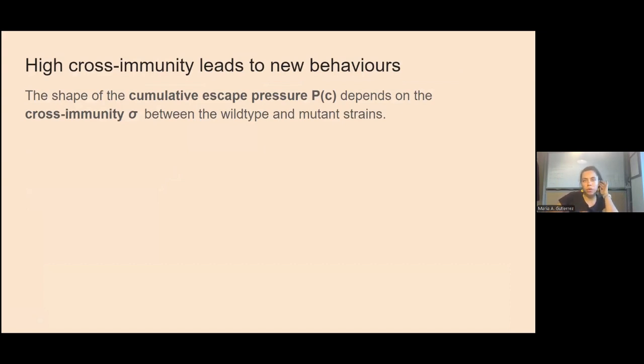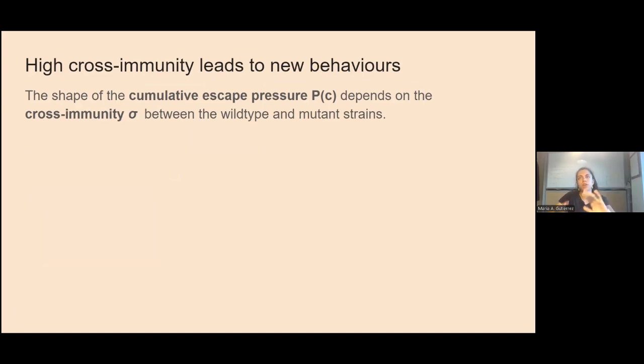And just going back to the cumulative escape pressure, which is what I had been talking about before the rest of the talk, it's kind of intuitive that the cross immunity between the strains is important.